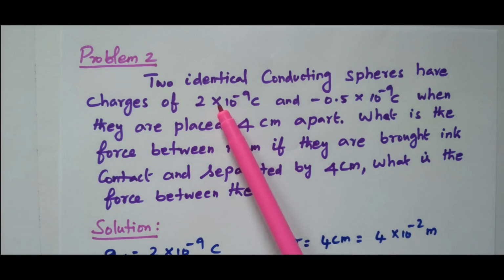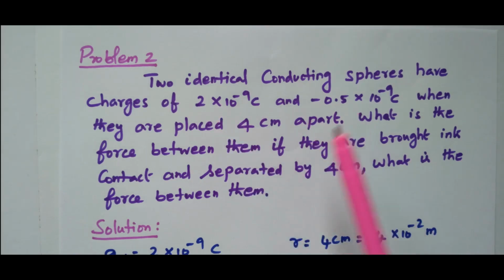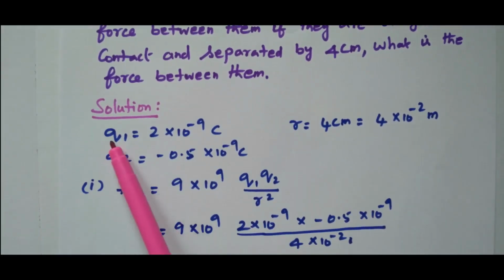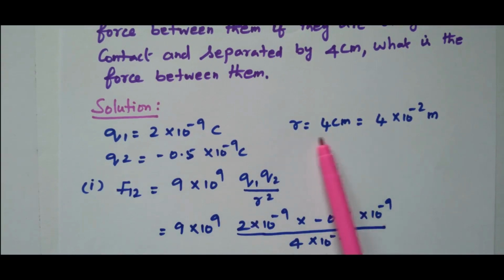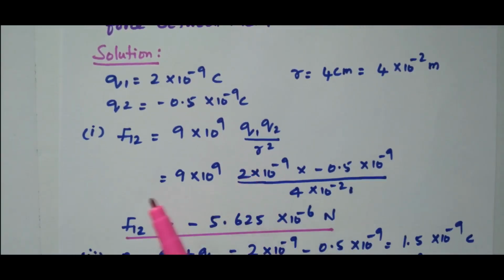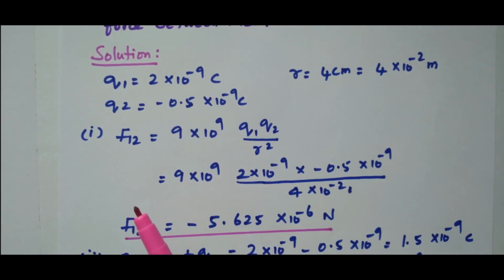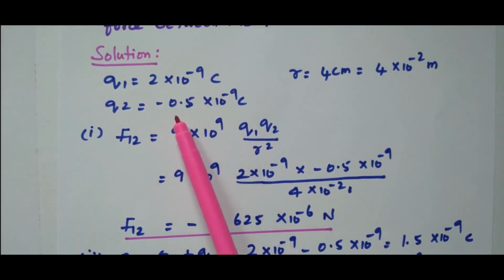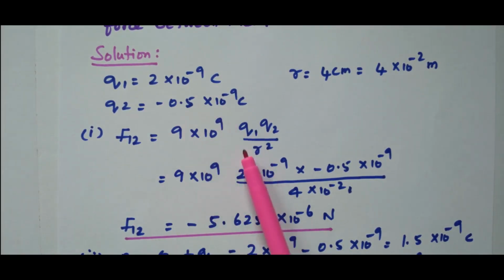This is the Q1 value, this is the Q2 value, and the distance between them is 4 centimeter. So the given data are Q1, Q2 and R. Before contact, we first find the force using the values as they are. Q1 is 2 into 10 to the power minus 9, Q2 is minus 0.5 into 10 to the power minus 9.